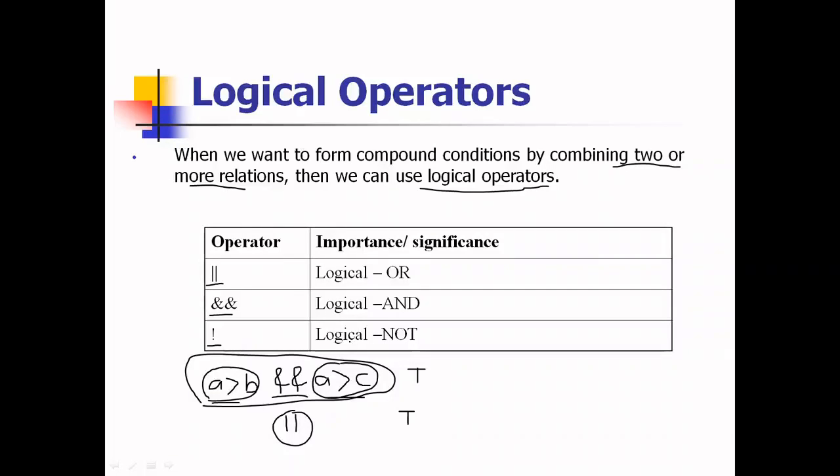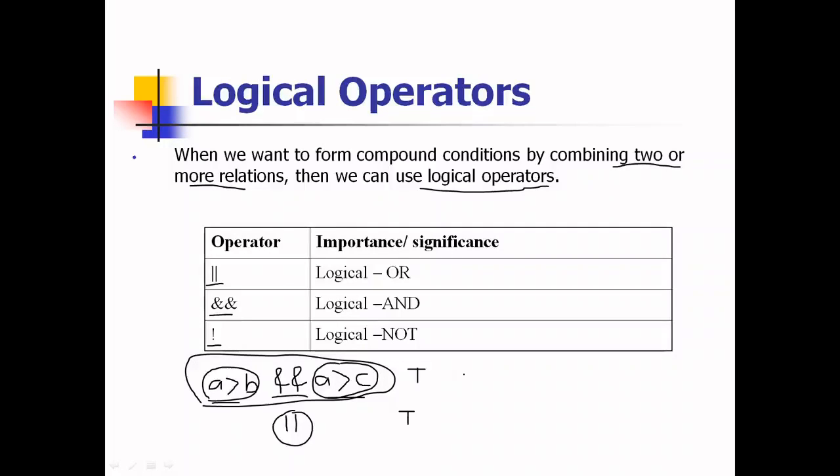In case of logical NOT operator, unlike the previous two, that is AND and OR, this is a unary operator and returns true when the condition under consideration is not satisfied. Means when the condition is false, this operator returns true, that is the reverse of it. Basically, if the condition is false, the operation returns true, and when the condition is true, the operation returns false.